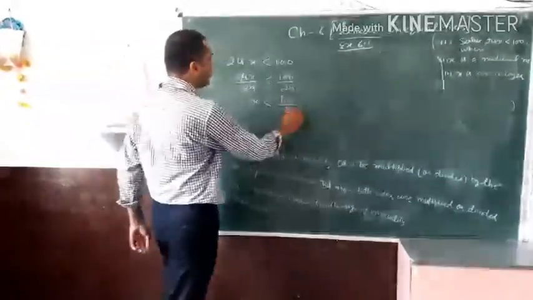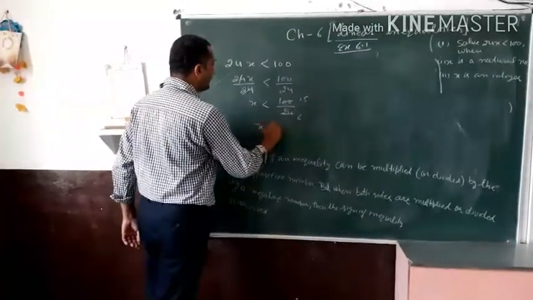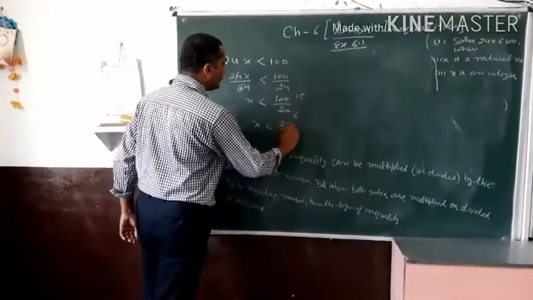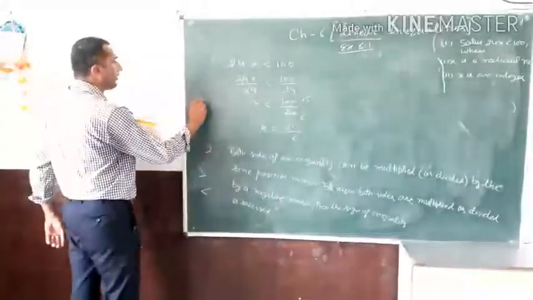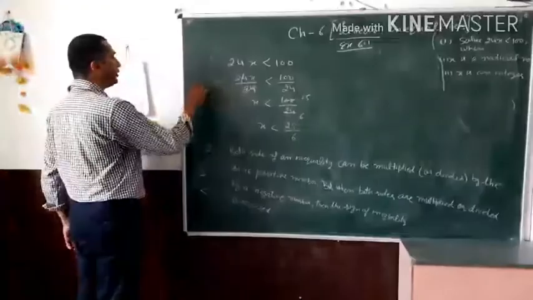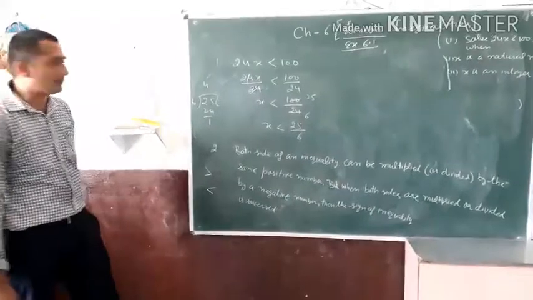Dividing by 4, it will be x less than 25 over 6. You know that the natural numbers less than 25 over 6 will be 1, 2, 3 and 4 only, because 4 is the last before 25 over 6.